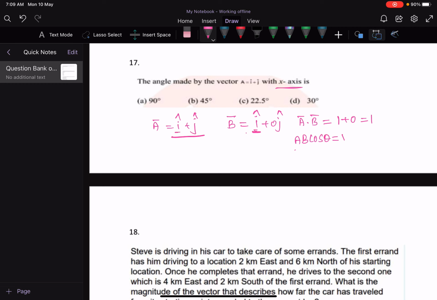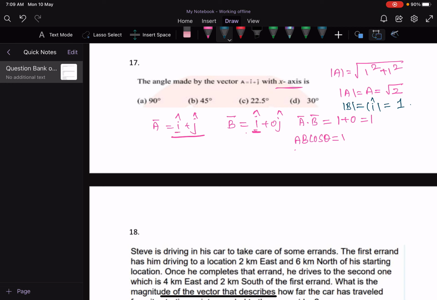A is the magnitude of A, which is the square root of x component square plus y component square, that is root 2. Similarly, the magnitude of B is the magnitude of i, which is 1.